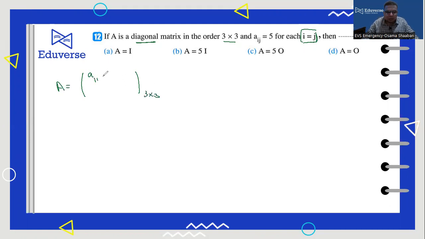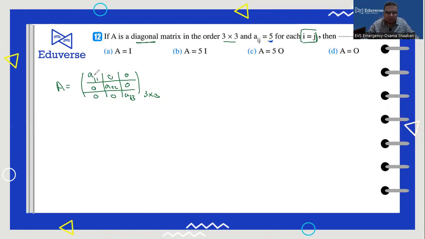So you have 3 columns and 3 rows. Here A22, here A33, and all will be, that means a diagonal matrix of order 3 by 3, and the entry will be 5 when i equals j.